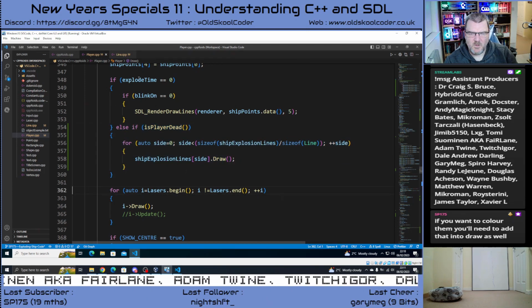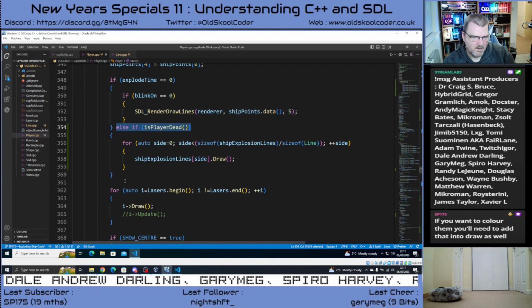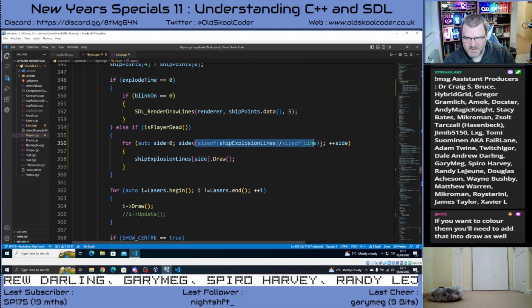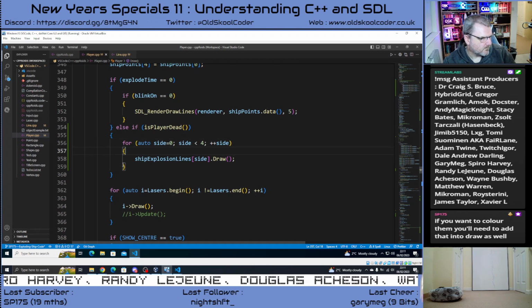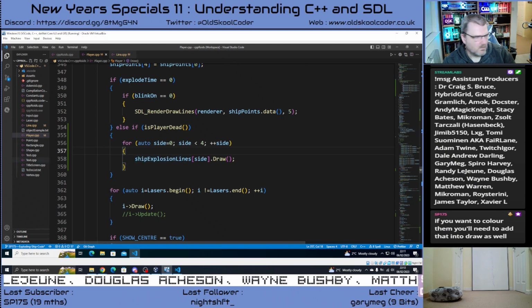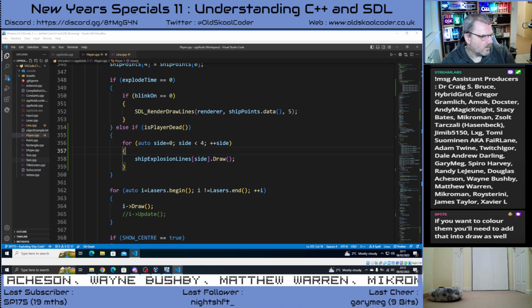So, if explode time is equal to 0 and blink is equal to 0, it draws the normal ship. Else, if the player is dead, then we run through the sides and we draw them. I've already added the colour.